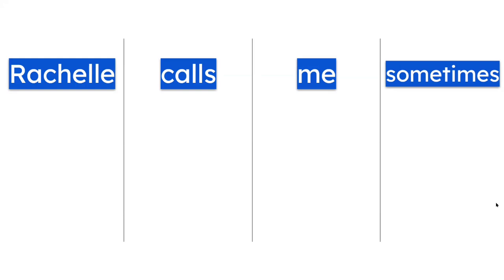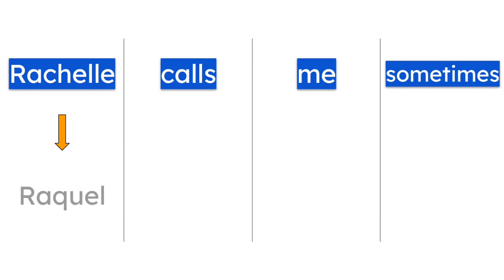Or, if you want to know, we actually have an equivalent for Rachel in Spanish, which is Raquel. Raquel. That's right. Now, for the verb to call, if you know, the verb to call is llamar.